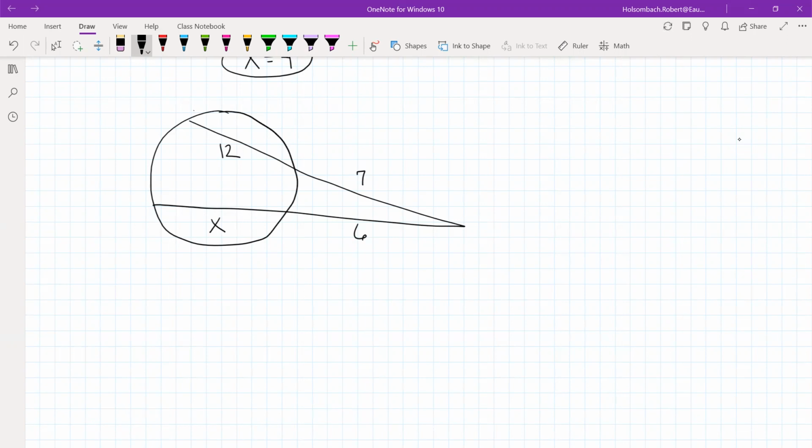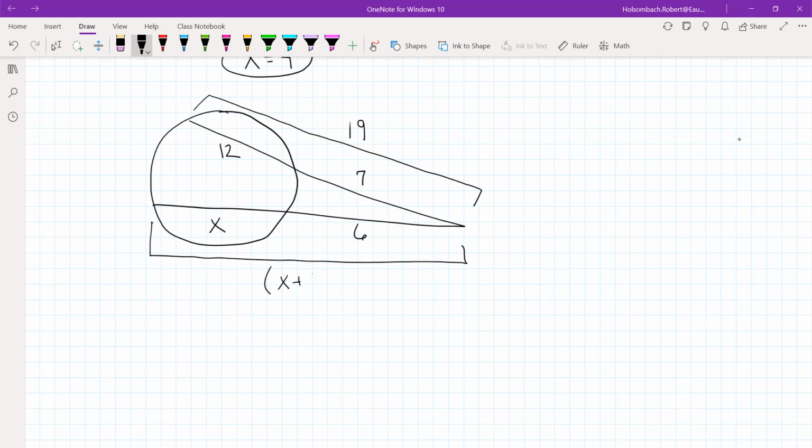So look, we've got the whole piece, which would be what here? 12 plus 7 is, good, 19. And we've got this whole piece, which is x plus 6.